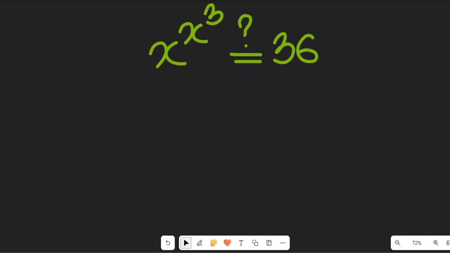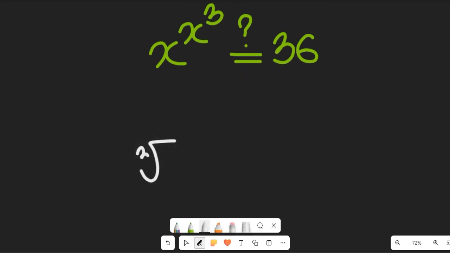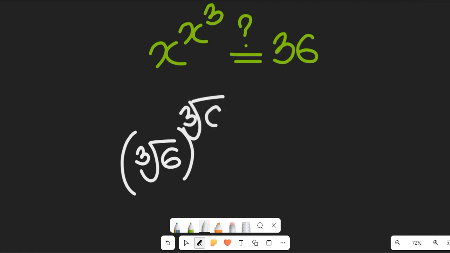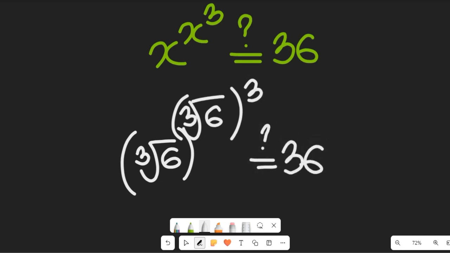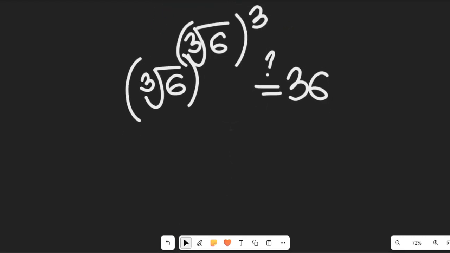Now let's insert the value: this is the cube root of 6 all to the power of the cube root of 6 all to the power of 3. Will it give us 36? Now let's simplify that.